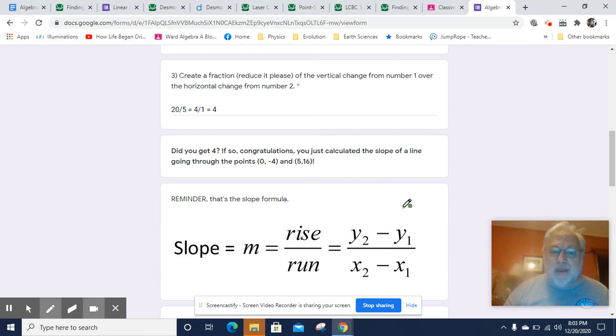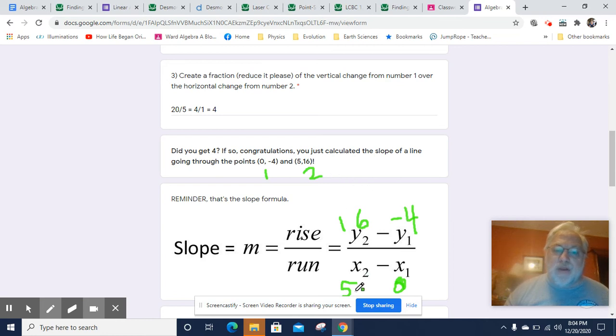Okay, so once again, all we've done is take our 2 points: (0, -4) and (5, 16). This is point 1, this is point 2, and that's why I'm putting a -4 here as y1 and a 0 as x1, because that's the x and y from the first point.